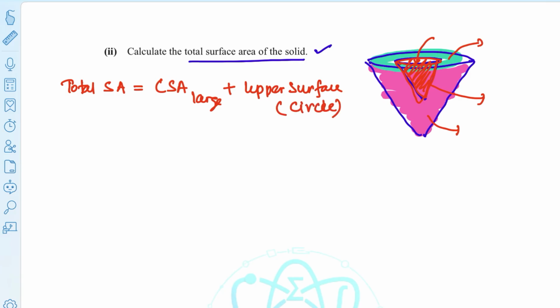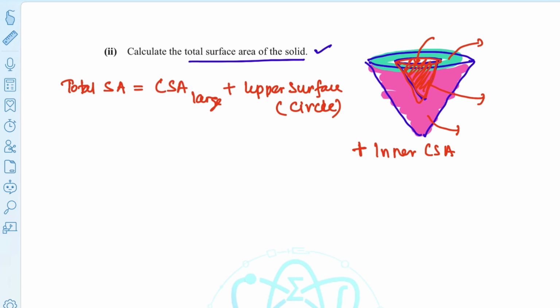Then we have to add what? Plus an inner curved surface area. I hope you understood, because when you remove this smaller cone, that place will be empty, so we have to find that surface area also. Clear? Now we'll try to do one by one.